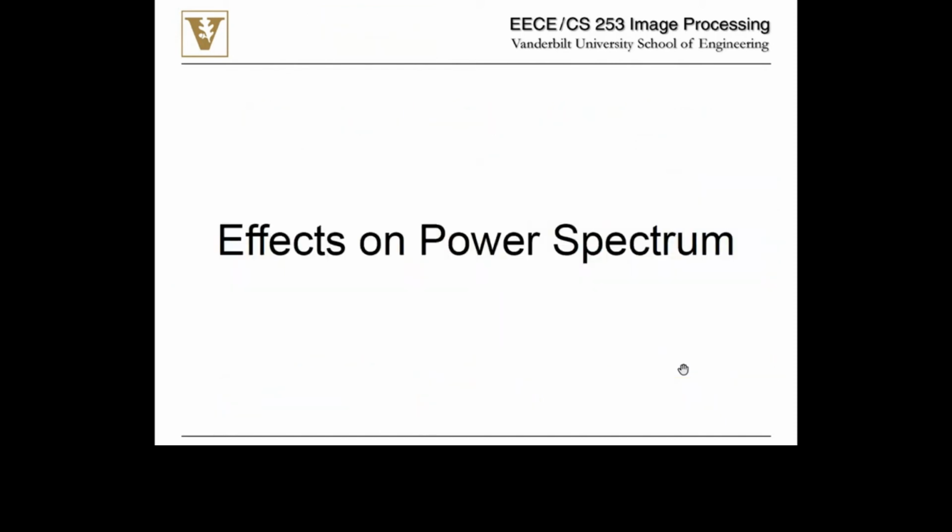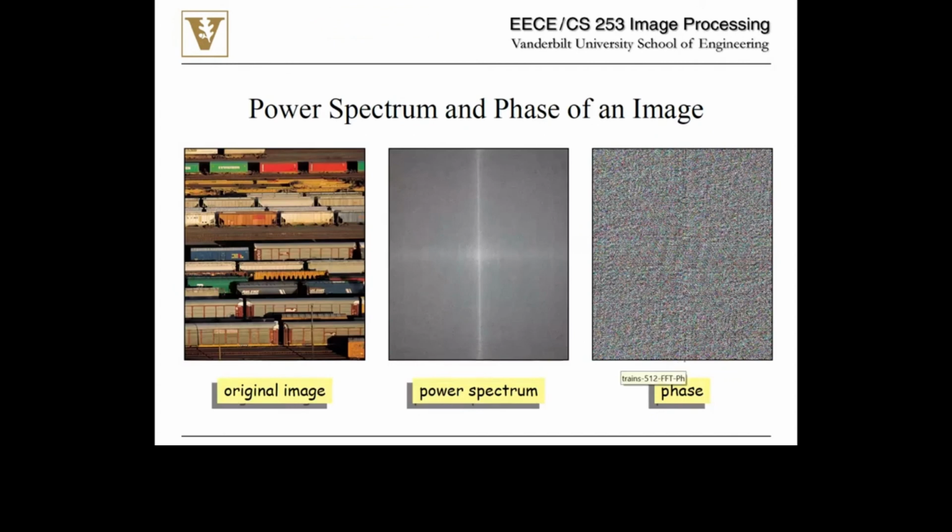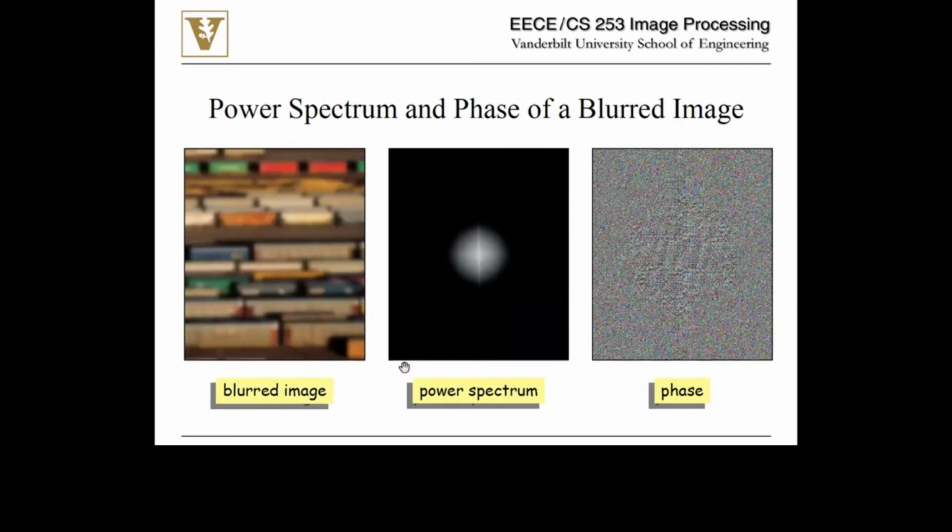Okay, so what about the power spectrum? So let's say that we have this image, and this is the power spectrum. So this is the modulus squared, and this is the phase spectrum. Then we blur with some kind of low-pass filter.